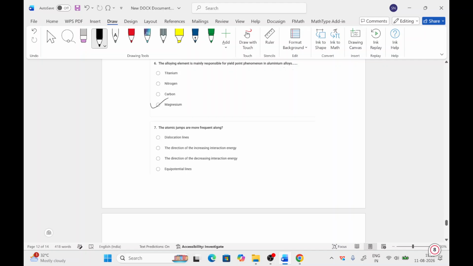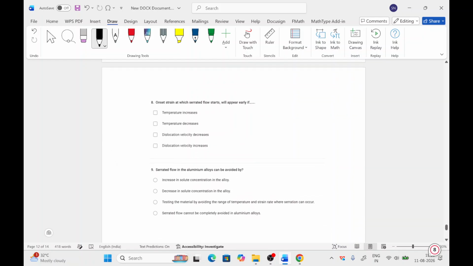So the atomic jumps are from the dislocation core to away from the dislocation. With decreasing stress, the energy also reduces. The direction of decreasing energy, third option is correct.